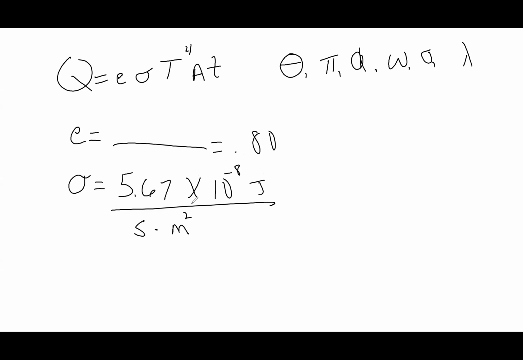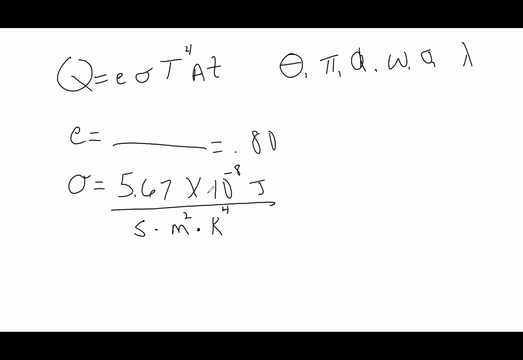Remember, the other one was meter, and this is meter squared. And now my temperature is not in Celsius. For this equation to work, we have to put the temperature in degrees Kelvin to the 4th power. Some folks say Stefan, some folks say Stephen, Boltzmann constant.